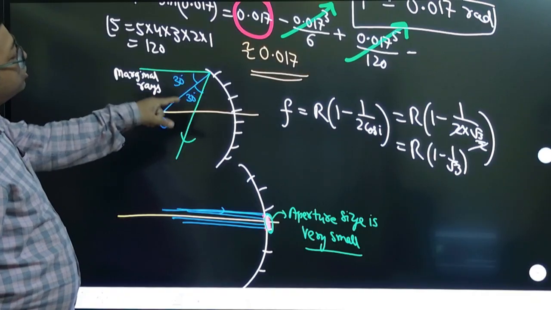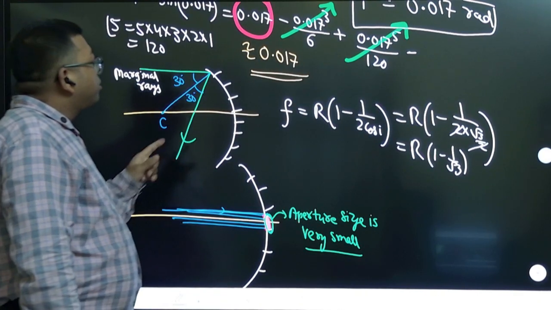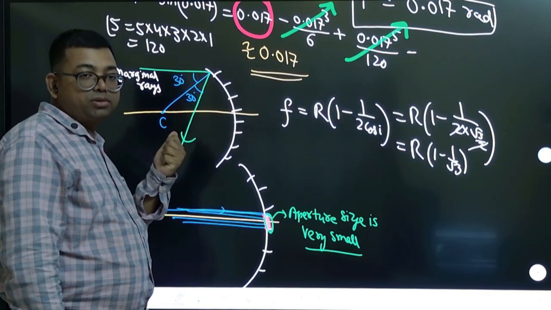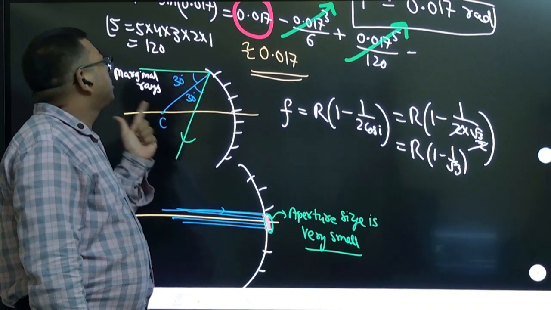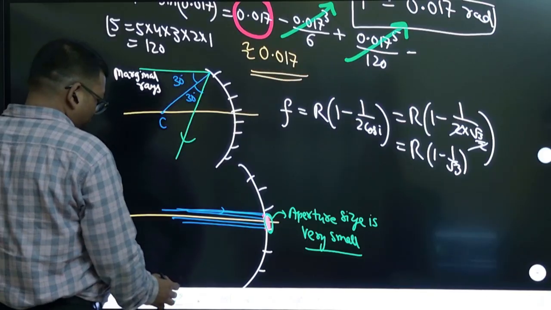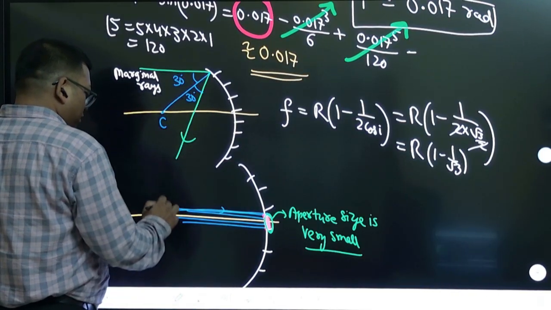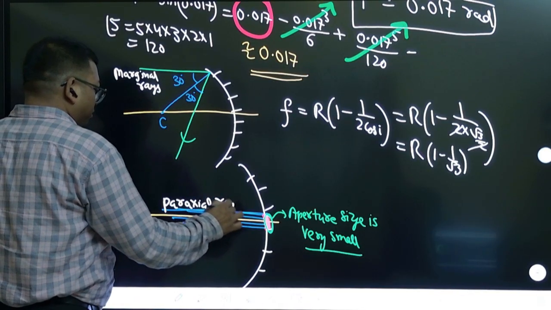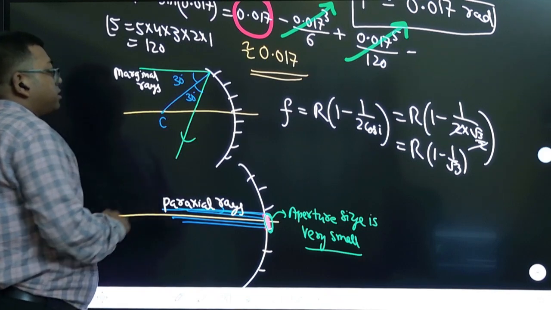But if this type of question comes, then only those who have the proper idea will solve it, because then you know these rays are paraxial rays, and these rays are marginal rays.